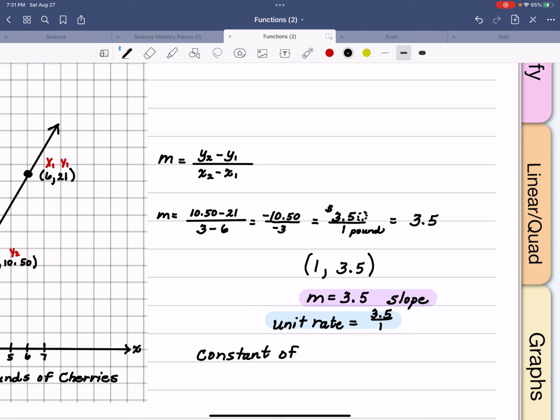So if your college professor tells you to find the constant of proportionality, this actually happened to me, all she's asking you to do is find the slope. It's just a fancy term for the same thing we've been doing now for a while.